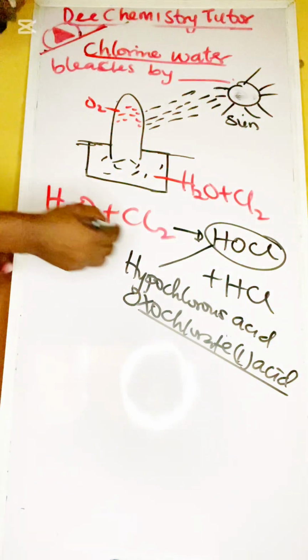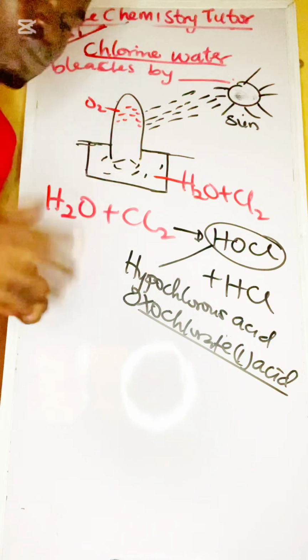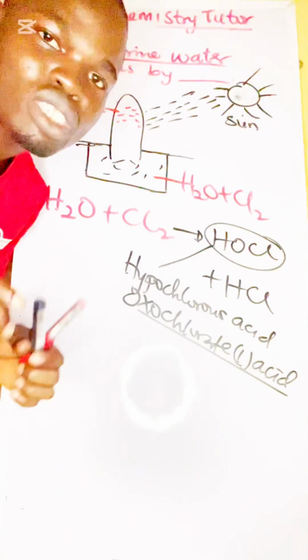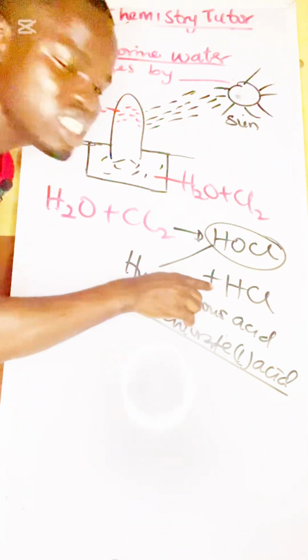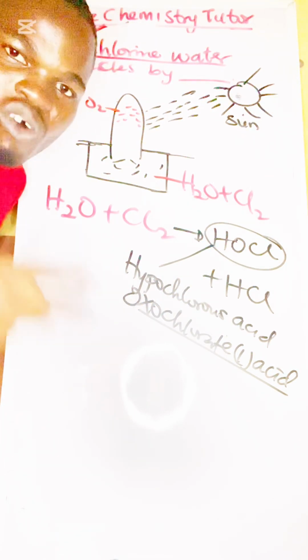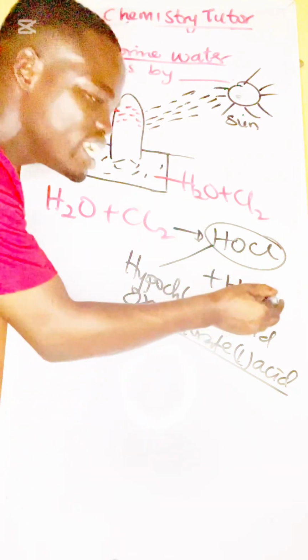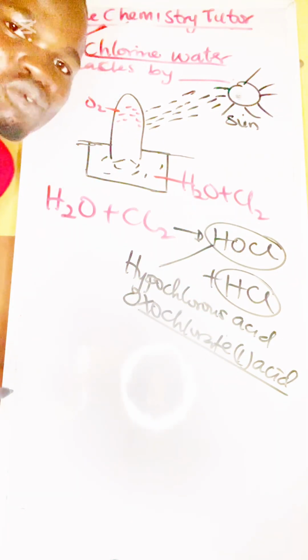Now, don't forget, if you wash your clothes, your whites or anything with hypo, you realize that after washing, you will see a slippery texture on the whites. Now, that slippery texture is as a result of what? HCl. A very important question in JAM.